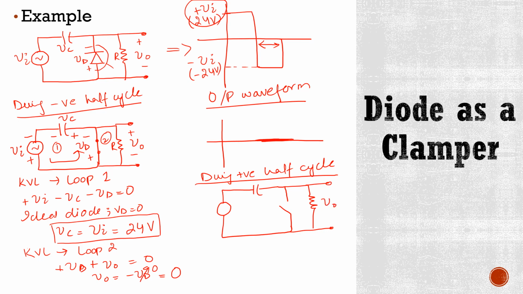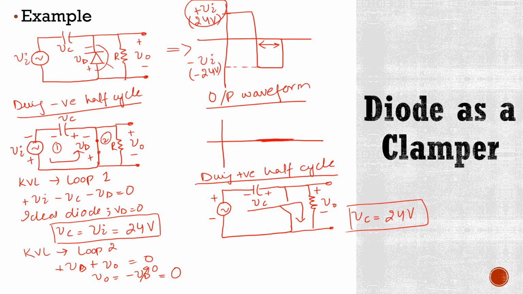Now this terminal is positive and this is negative. We know that this terminal of the capacitor is negative, this is positive. It means all the input current will now flow directly towards the output, and this capacitor will retain its established voltage level, which is 24 volts.